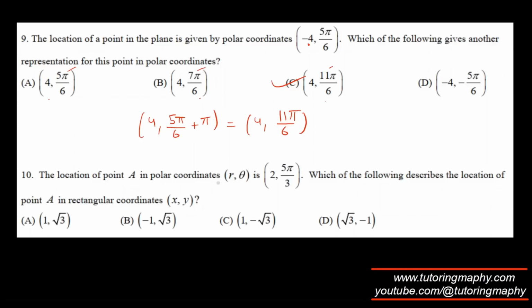Okay. Here we need to convert the polar into rectangular. So I think I talked about this formula early as well, I think in 3.1, but let me give you the formula again. X is equal to r cos theta and y is equal to r sin theta. That's the conversion from polar to rectangular.